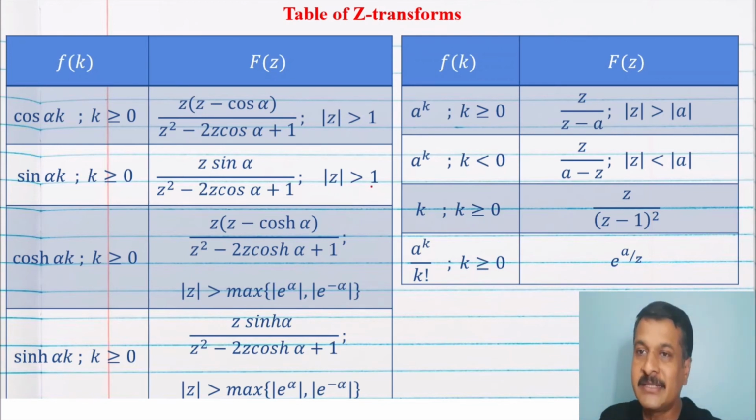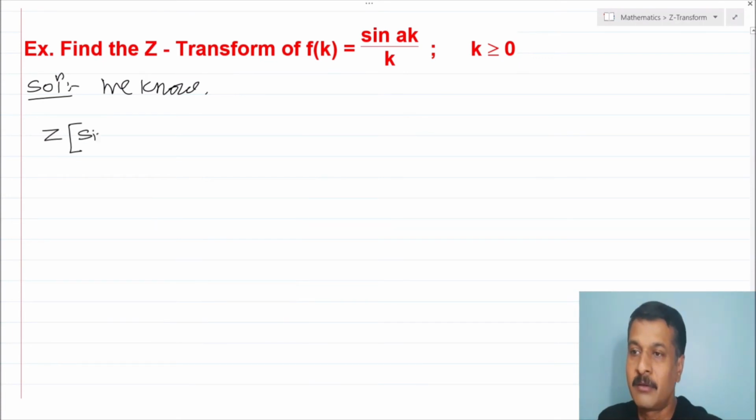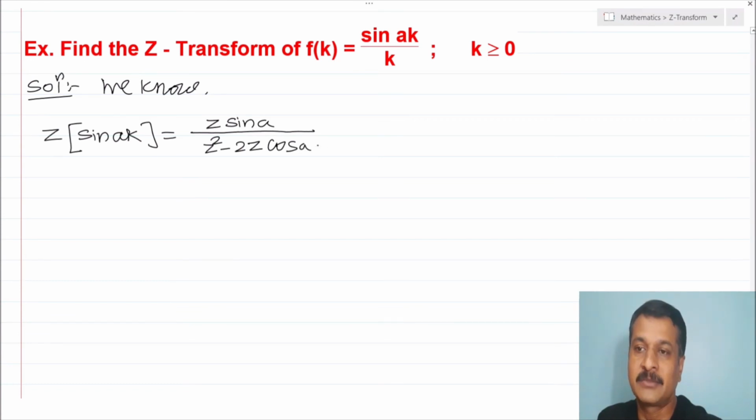So by using this table, I can write directly the z transform of standard sin alpha k, means in this case z transform of sin ak, and that is nothing but z into sin a upon z square minus 2z cos a plus 1, means alpha equal to a here, where mod of z is greater than 1.